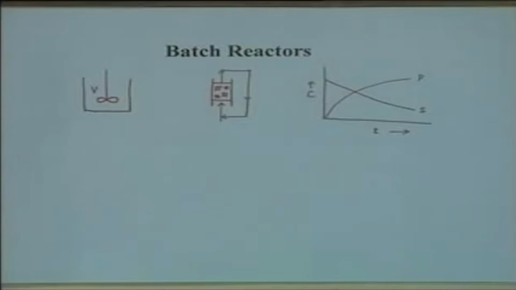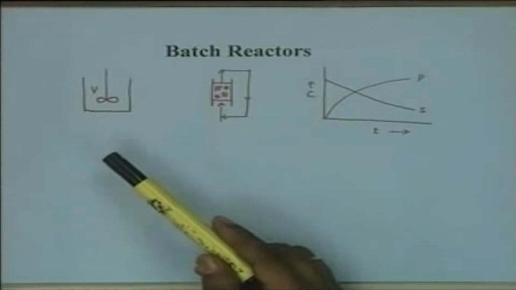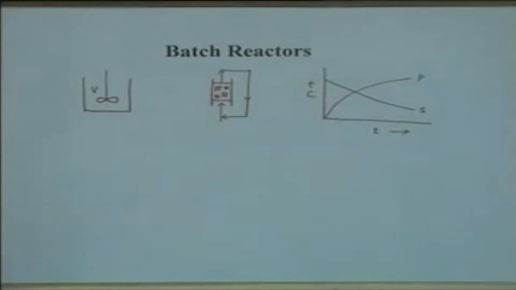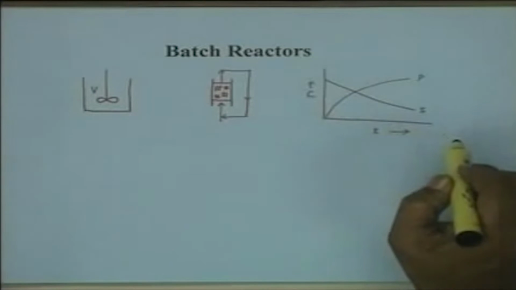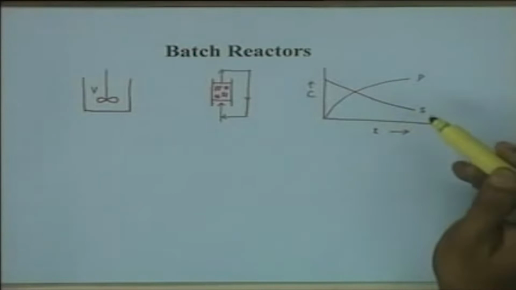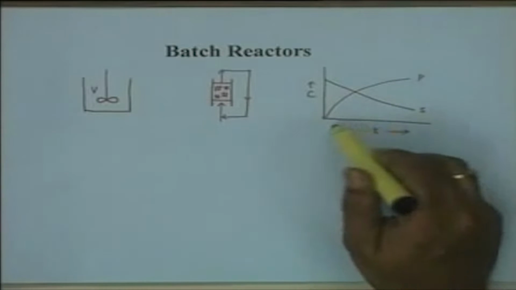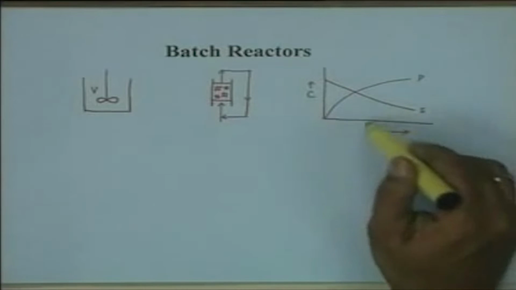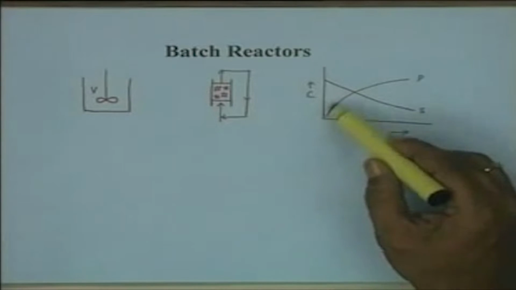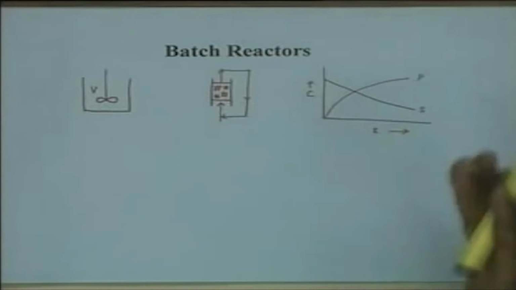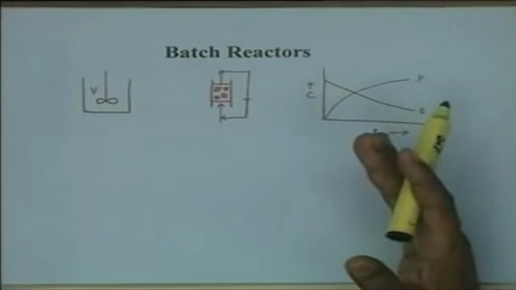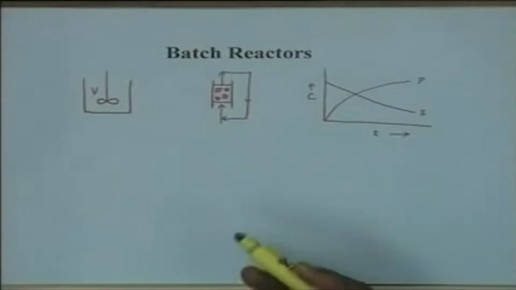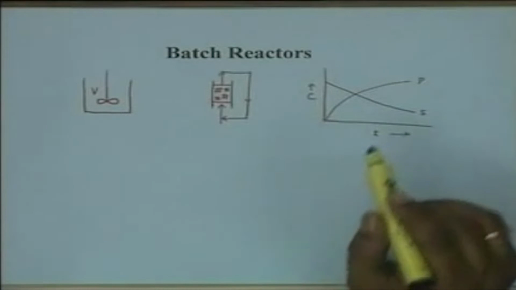You can carry out a batch reactor in a stirred mode or in a packed bed mode using total recycle, and on the right hand side is a characteristic profile of the reaction species, that is substrate and product, with reference to time. The substrate concentration drops, depending upon the extent of conversion which we require, and the product concentration increases. A typical profile, of course, can change from reaction to reaction. If the reaction is very strongly inhibited by product or strongly inhibited by substrate, the profile might undergo a change.